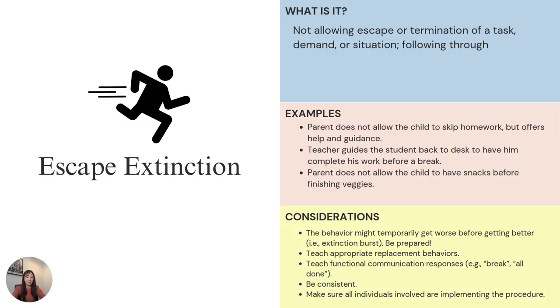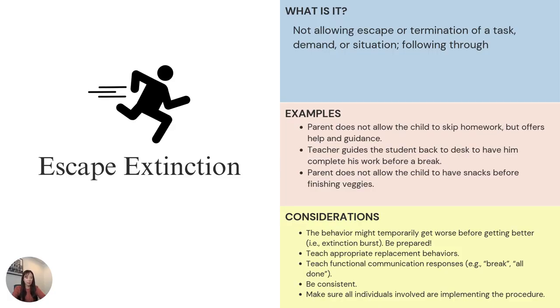Some considerations for this procedure, just to note, some of these considerations are all similar for all the extinction procedures. But with any other procedure, especially extinction procedures, the behavior might temporarily get worse before getting better. And we want to be prepared for this. We call this an extinction burst. We want to teach appropriate replacement behaviors as well. Teaching functional communication response is a way of teaching replacement behavior.